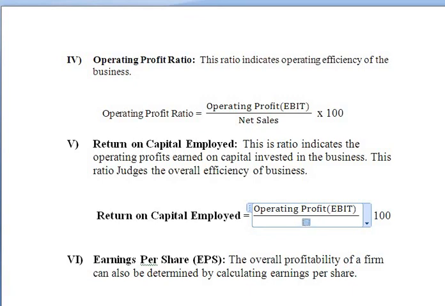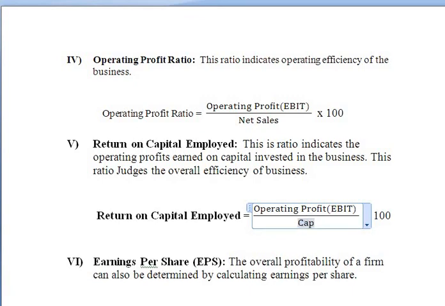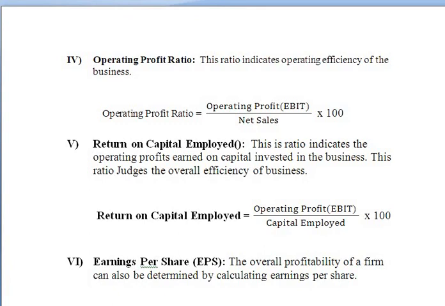The formula is operating profit or EBIT divided by capital employed into 100. This is the formula of return on capital employed, or ROI, return on investment. Both are the same.